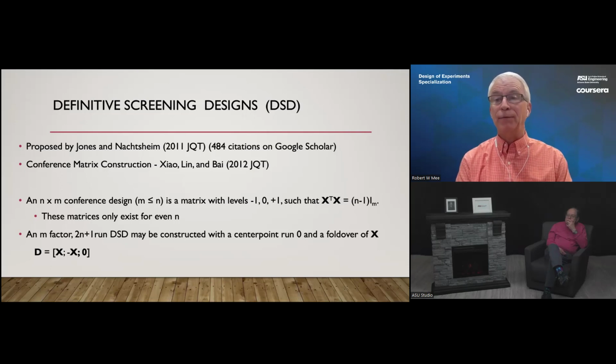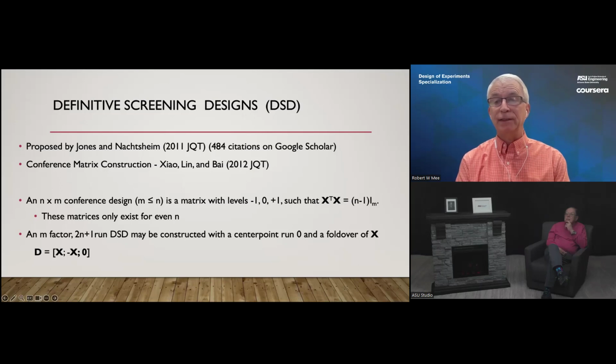And the columns of the matrix are orthogonal to one another, so that X prime X is just a multiple of the identity matrix. Conference matrices only exist for an even number of rows. So once we have a conference design matrix, we can create the definitive screening design by folding over the matrix X. So here X is that conference design matrix.